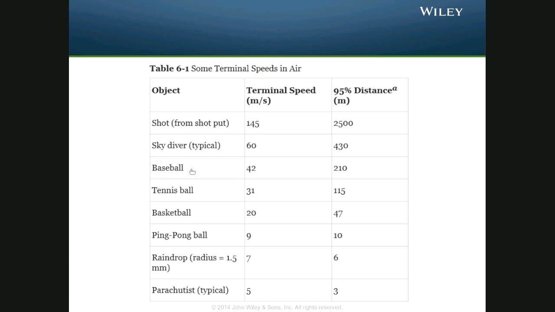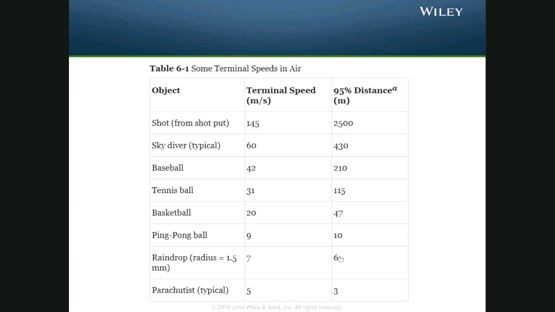The raindrop we just studied, they give the terminal speed of about 7. Again, not all raindrops are the same. I think Daniel's observation of 2 to 5 millimeters is probably more appropriate. But you'll notice that it reaches 95% of that speed in 6 meters.